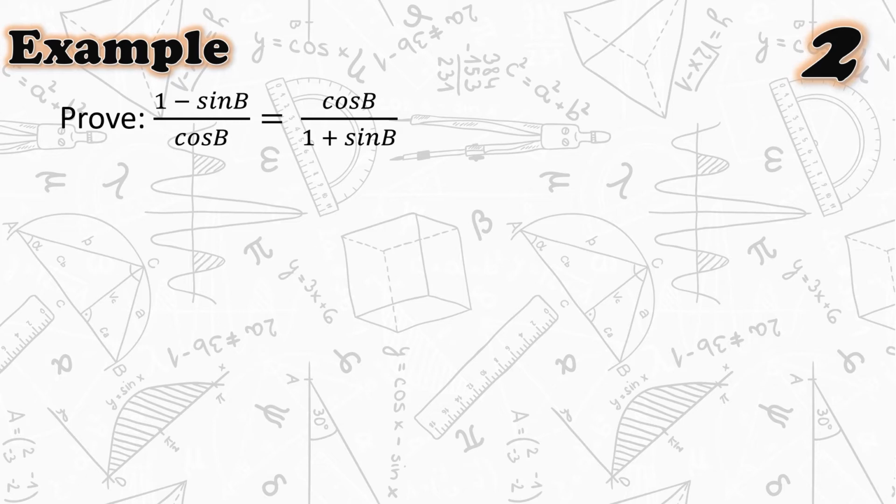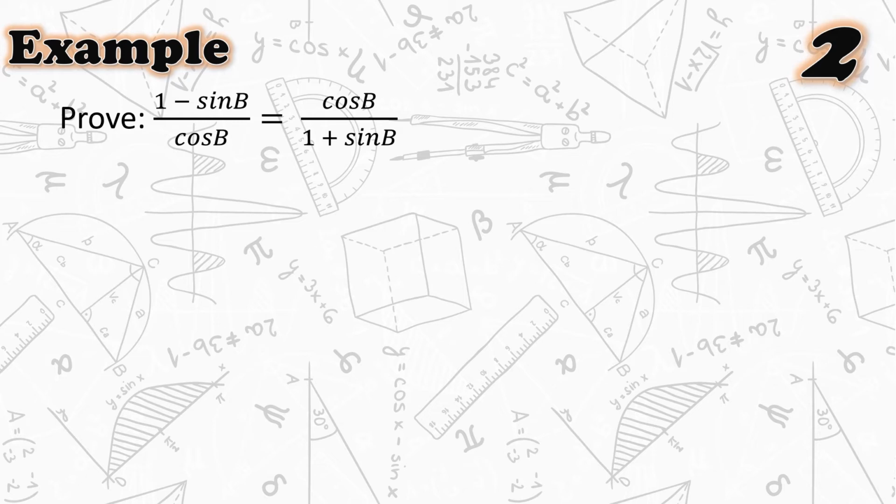However, in this identity, we have two sides that appear to be simple. So in order to prove this identity, we're going to use algebraic manipulation. We're going to multiply one of these expressions by 1. However, we're going to express 1 in another form.